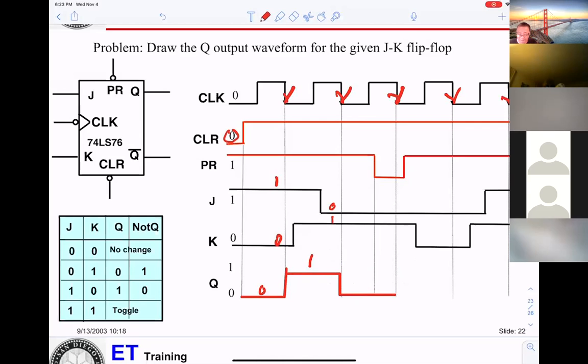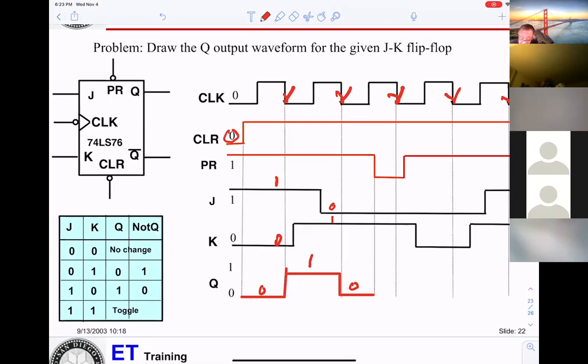Pre is low. It's 0. However, it's not supposed to go to the next transition. It goes with the beginning of pre. Right. The thing is you can see, it goes up to here only. Okay?